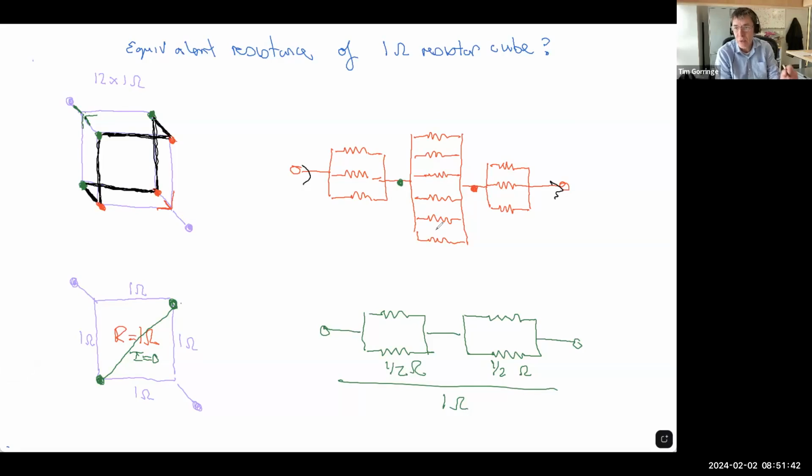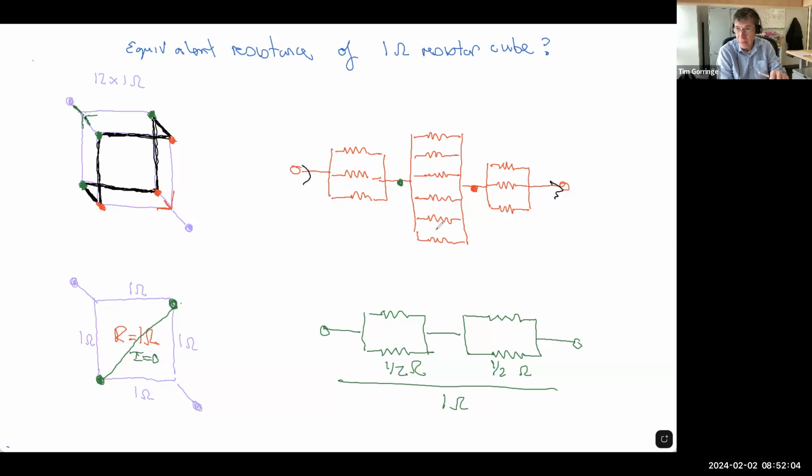If you have three 1 ohm resistors in parallel to one another, the resistance of that is 1/3 of an ohm. You get that by the inverse of the equivalent resistance being the sum of the inverses of the individual resistors. So you've got the sum of 1/1 plus 1/1 plus 1/1.